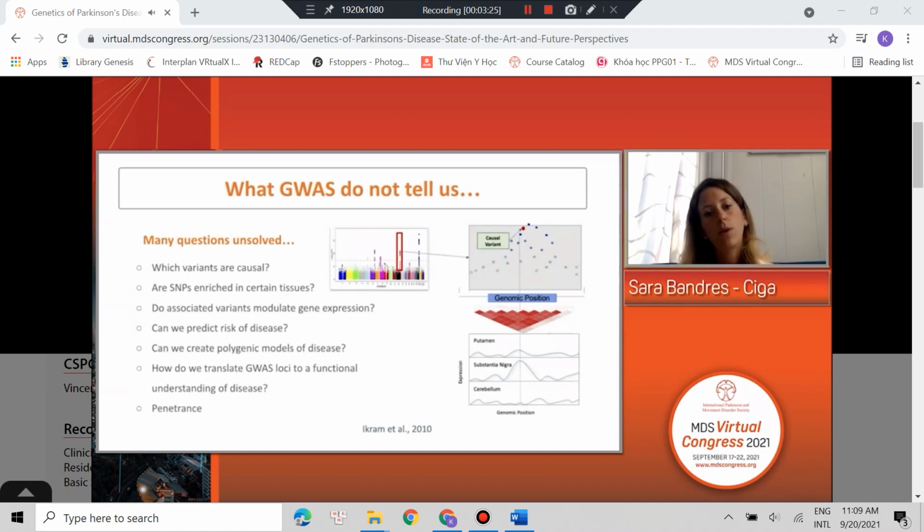Can we create polygenic models of disease? And importantly, how do we translate this information from GWAS loci to a functional understanding of disease? And of course, penetrance. Penetrance is something that we cannot really find out from GWAS. So all of these questions require further study beyond what GWAS can tell us.